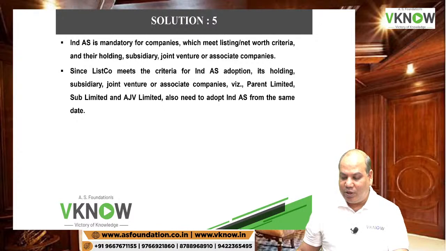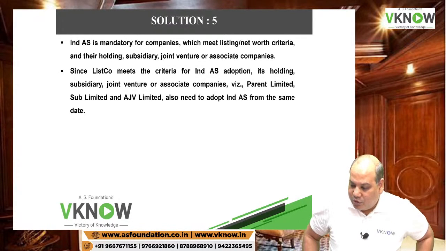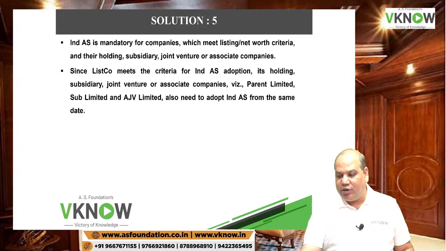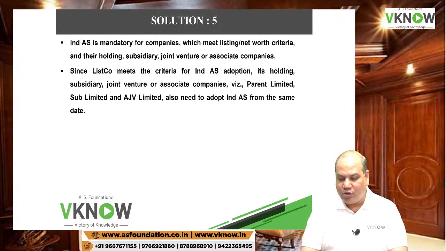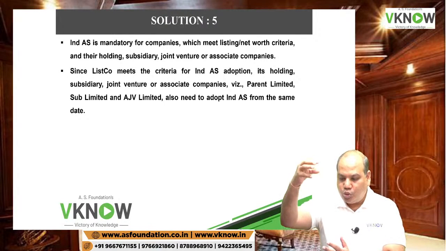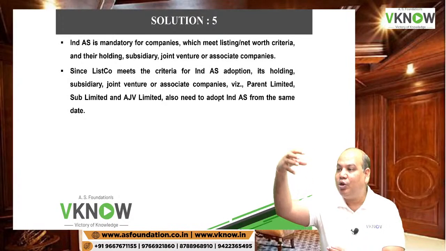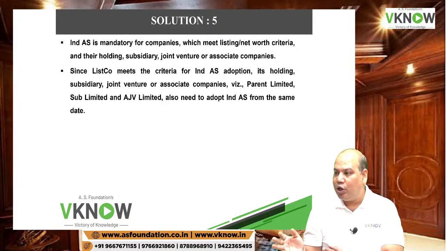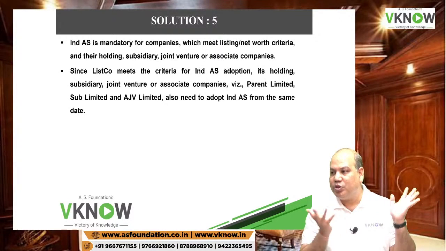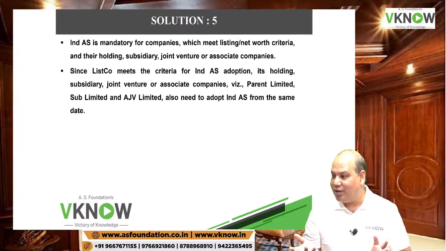Ind AS is mandatory for companies which meet listing criteria or net worth criteria, and their holding, subsidiary, joint venture or associate. So joint venture, associate, subsidiary and holding company will follow Ind AS if you are following Ind AS either because of listing requirement or net worth requirement, and not because your subsidiary has come under Ind AS.